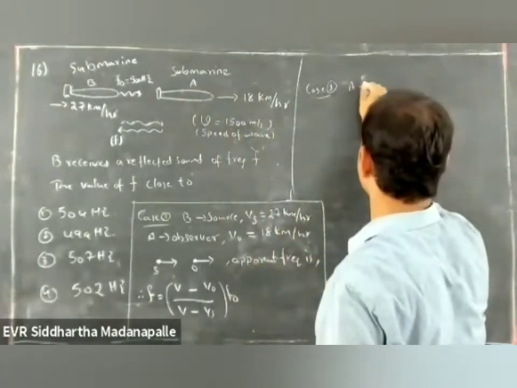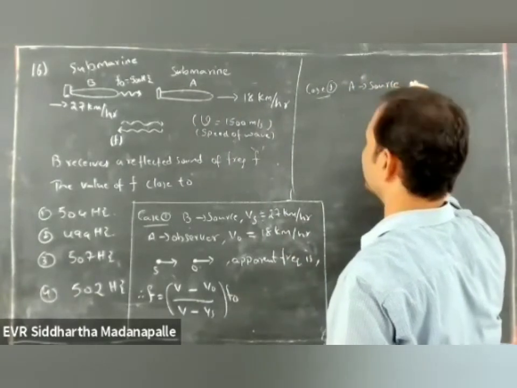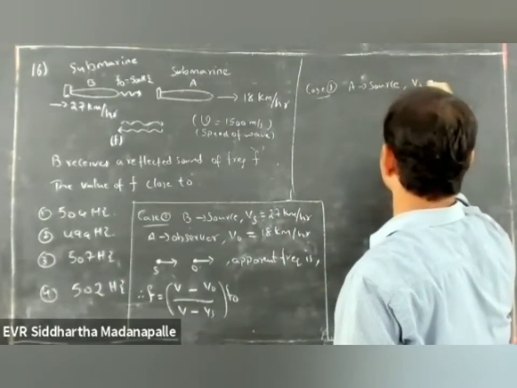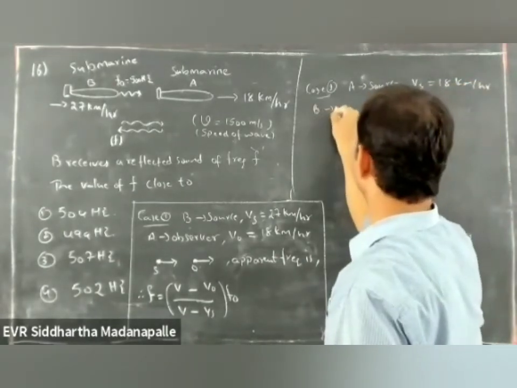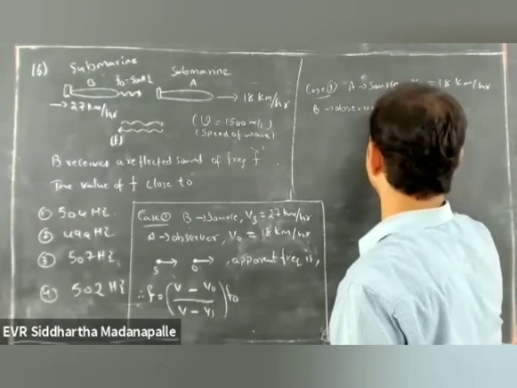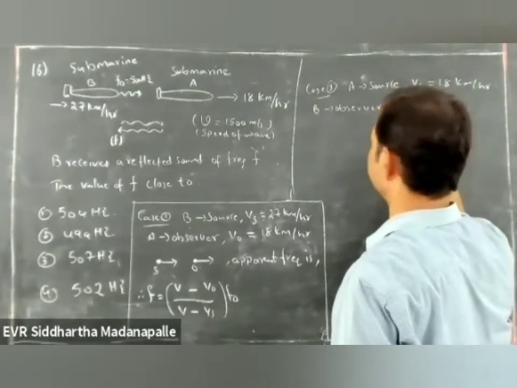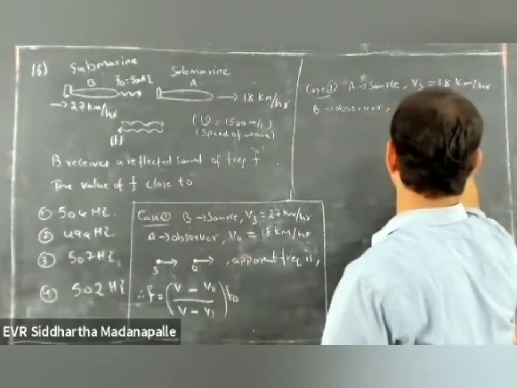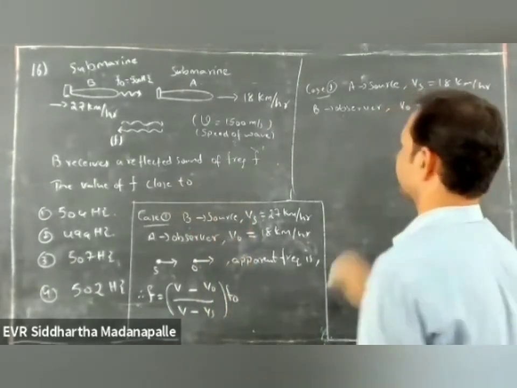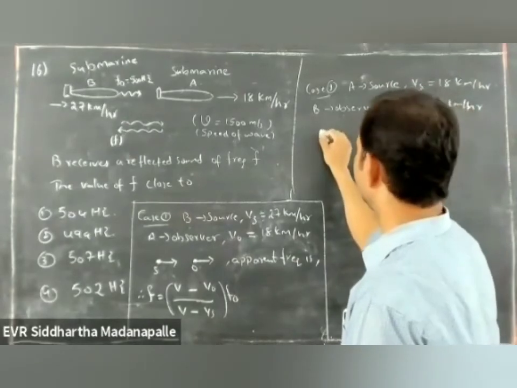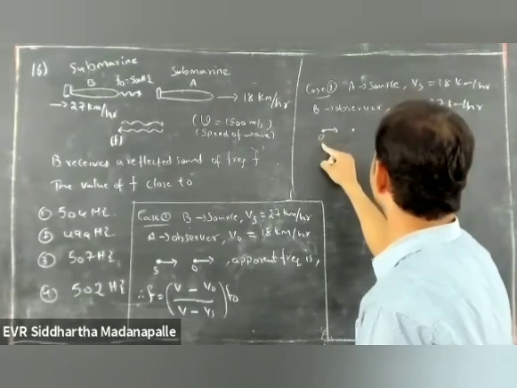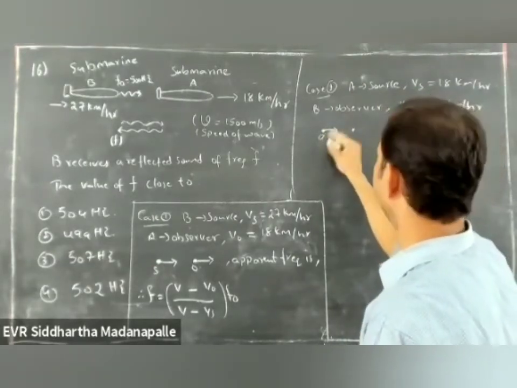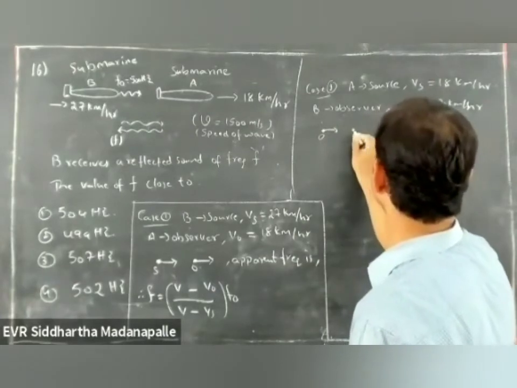In case 2, A will be the source, and the speed of the source here is 18 kilometer per hour, and B will be the observer. V naught value is equal to 27 kilometer per hour. B is the observer and A is the source.